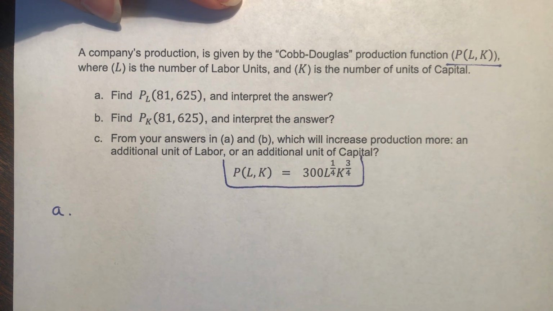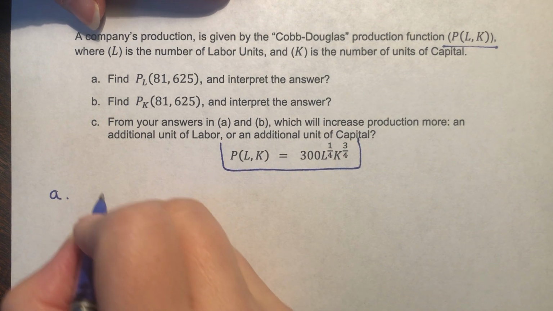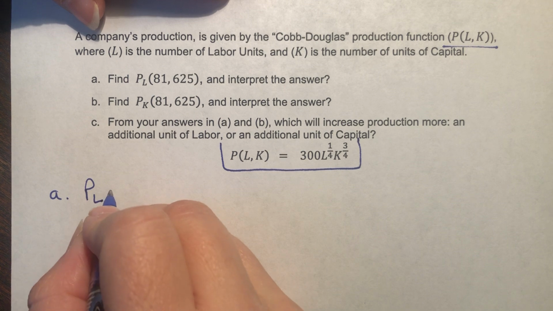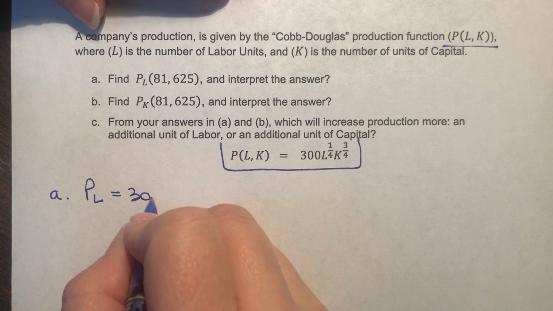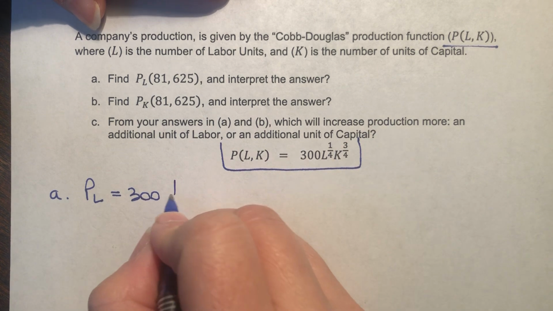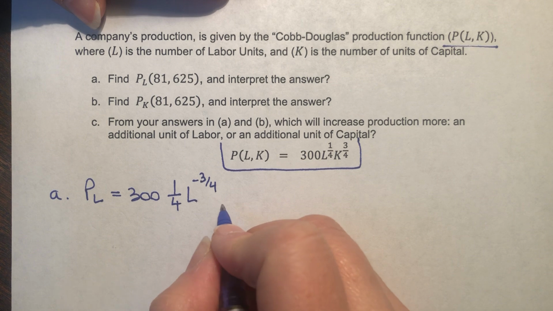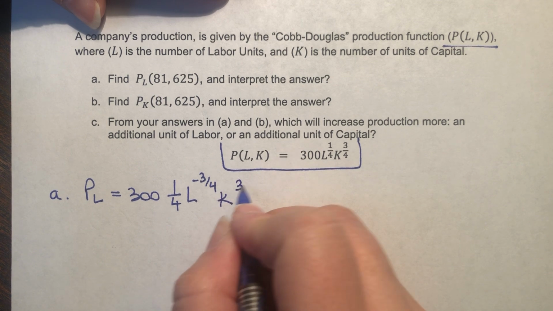So it's the same problem as before. As you see here, I have 300 L to the 1/4 K to the 1/4. Let's take the derivative. So what's the derivative with respect to L? Well, we'll keep the 300. The derivative of L to the 1/4 is 1/4 L to the negative 3/4. And just as we kept the 300, we'll keep the K.